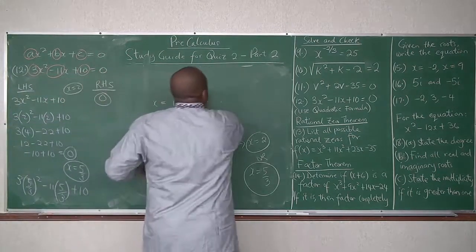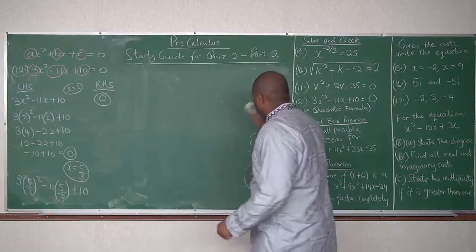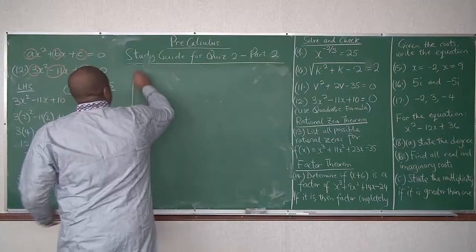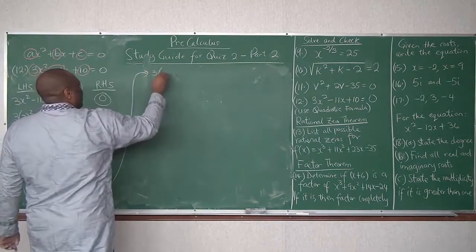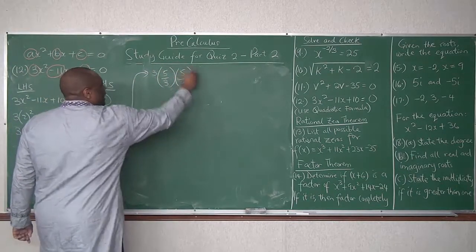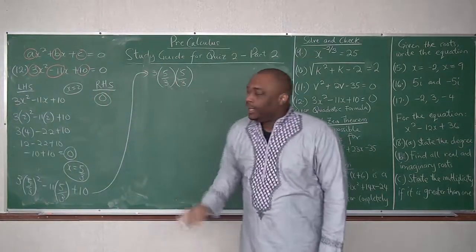Right? Let's hope it works. So what would this be? 3 times 5 over 3 times 5 over 3. I want to do this so I can cross out, I can cancel out some stuff.